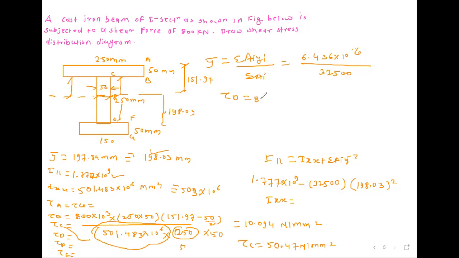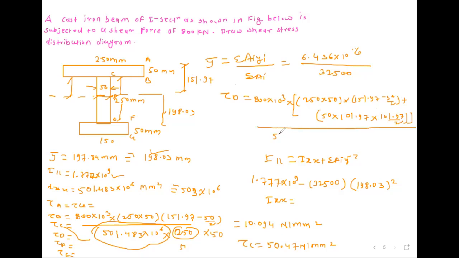Shear force is 800 into 10 raised to 3 into first strip, that is 250 into 50, into the centroid of this is 151.97 minus 50 by 2, plus then this, that is 50 into 151.97 minus 50, which is equal to 101.97, into 101.97 by 2, and then divided by moment of inertia 501.483 into 10 raised to power 6 into width is 50.